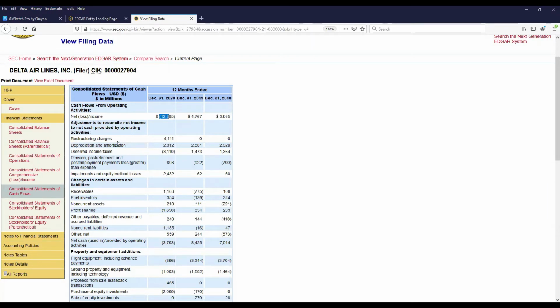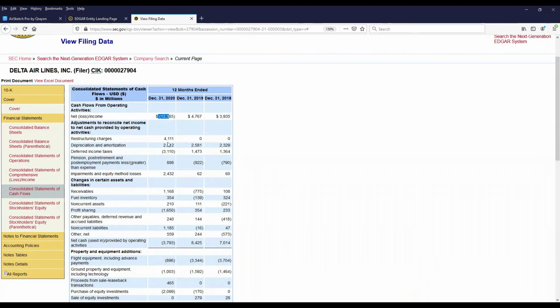For example, in this case, in the year of 2020, Delta's real cash usage for their operating activities, their normal business, was $3.7 billion, which is much lower than their net loss. Why do they have the two differences?